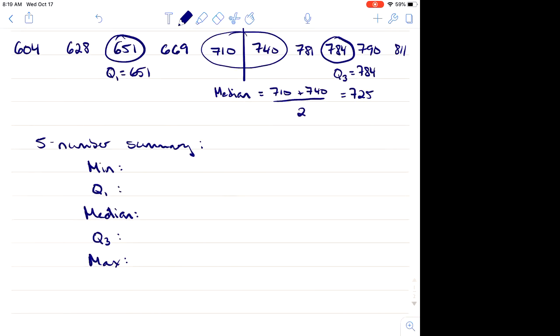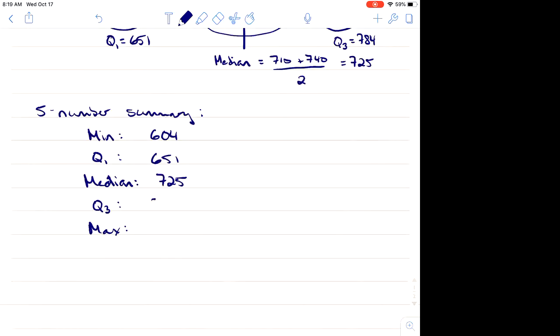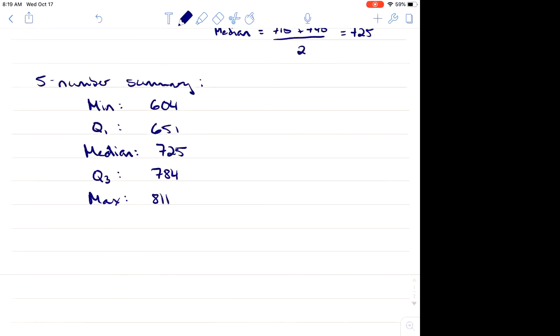The minimum is 604, Q1 was 651, median was 725, Q3 was 784, and the maximum was 811. Nice.